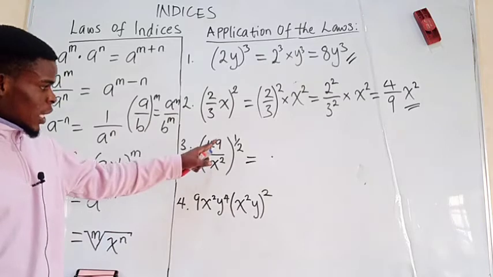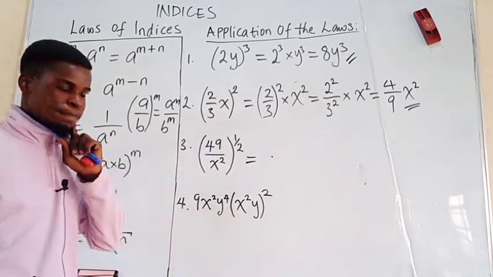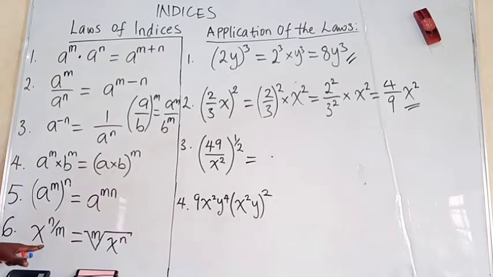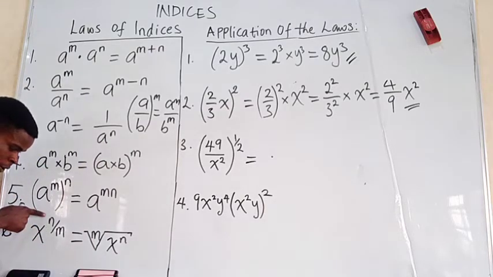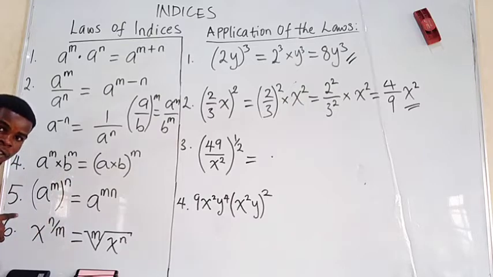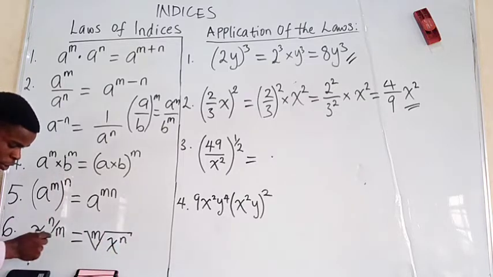Well, we have 49 over x squared raised to the power of 1 over 2. When we were discussing law number 6, we talked about when in the power we are just having a fraction, just like in the question here. In the numerator of the fraction we are having n, which is the power of that number or that term.